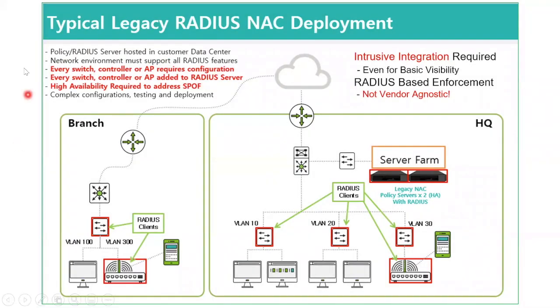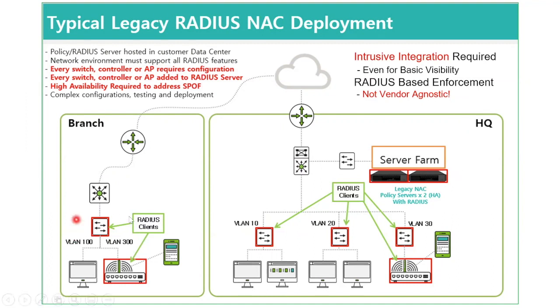If we contrast this to some other methods, so for example, we're using Radius here, what you really have is a much more complex integration, even just to get basic information like Radius accounting that tells you that devices are connecting to your network. So for this type of architecture, you have to touch every switch or controller or access point. You have to point that information to the Radius server. You typically have to configure high availability because now you have a single point of failure.